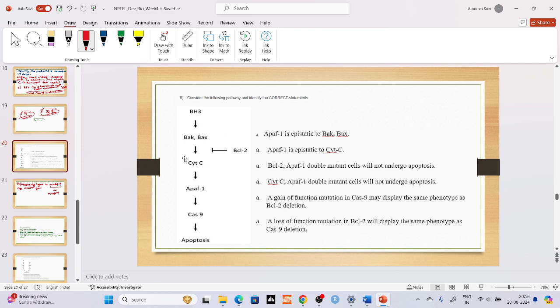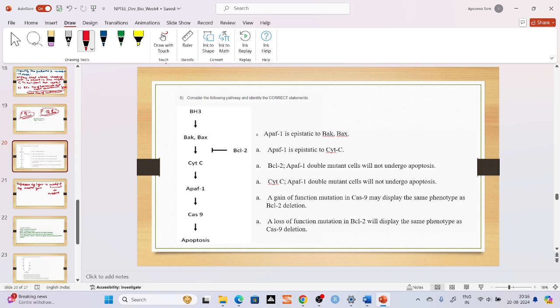Now, very briefly, if you look into this question, just a minute. So this pathway represents an apoptotic path. I'm not going to explain the whole pathway because it will take another 15 minutes, and we have to solve other questions also.